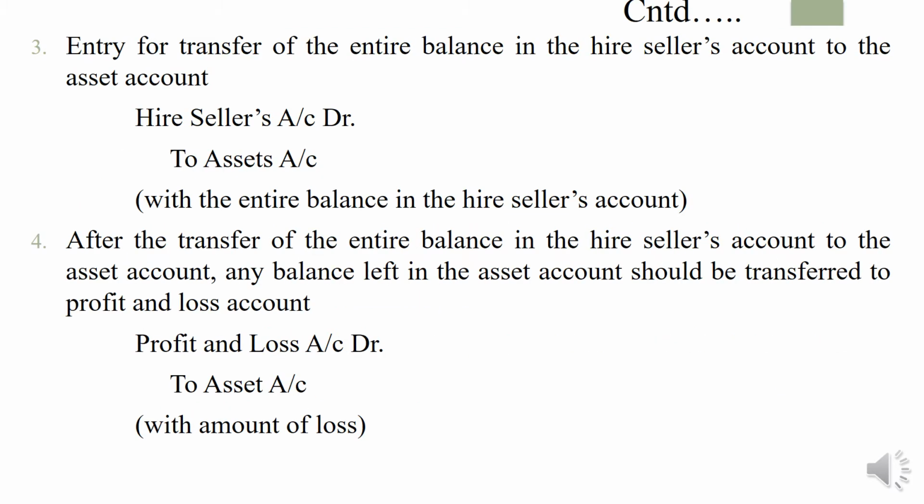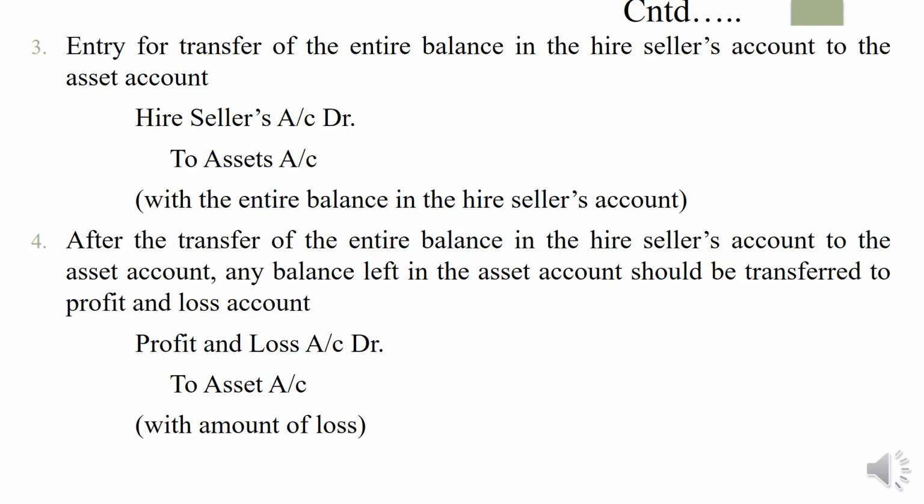Now, in case of default, as I told you earlier, the hire seller is going to take possession of the asset. What journal entry is to be passed? Since the hire seller takes possession of the asset, the account of the hire seller is going to be closed.